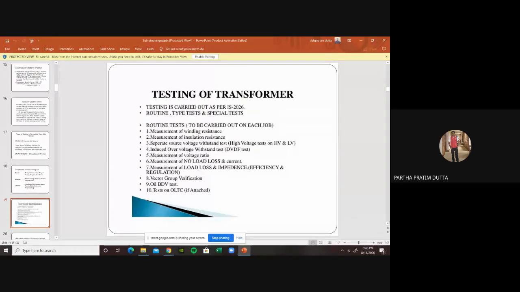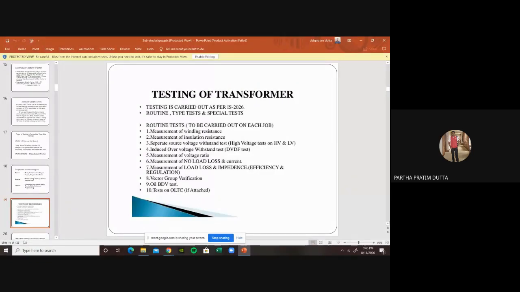As usual, we have to carry out in each job the measurement of winding resistance, measurement of insulation resistance, separate source voltage withstand test, high voltage test for HV and LV, induced over voltage withstand test, that is DVDF, double voltage double frequency test, measurement of voltage ratio, measurement of no load loss and current, measurement of load loss and impedance, efficiency and regulation test, vector group verification, oil BDV test, and test on OLTC.